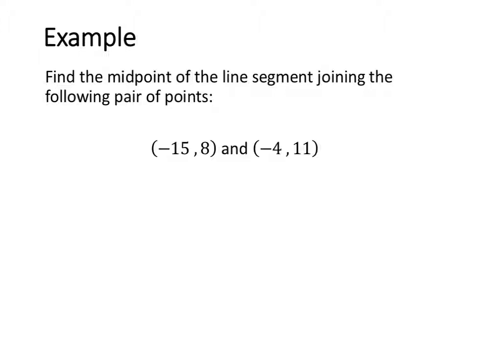My first step is to label my 2 sets of coordinates, x1, y1, x2 and y2. The next step is to write the formula. So the midpoint is going to equal (x1 + x2) divided by 2, (y1 + y2) divided by 2.